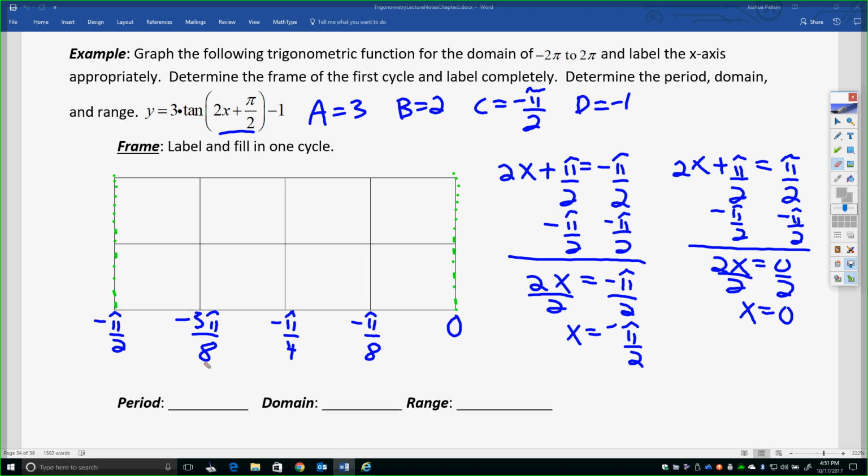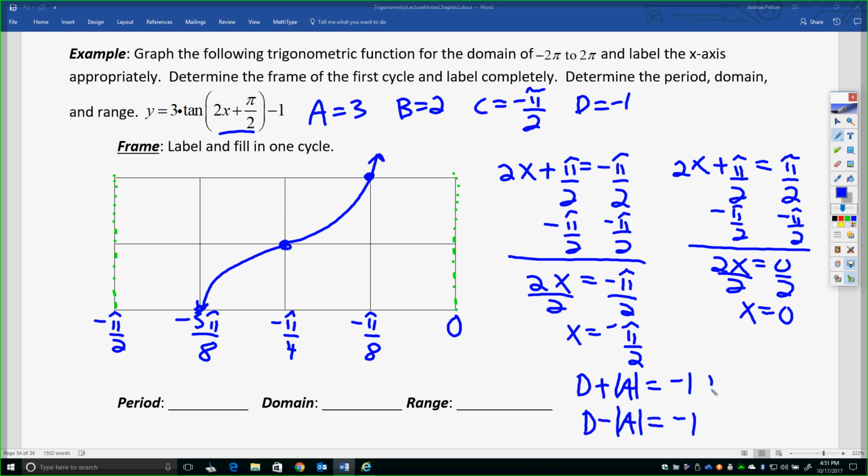So we know every pinwheel needs to look the same. They all have these 3 points to make the pinwheel go up that way and down that way. Now we need to figure out our top and bottom. That's d plus a and d minus a, absolute value. D is negative 1 in this case, and a in this case is 3.